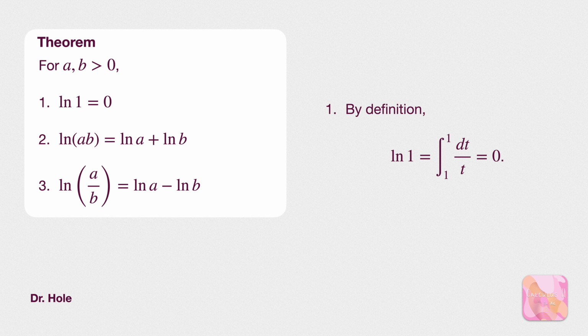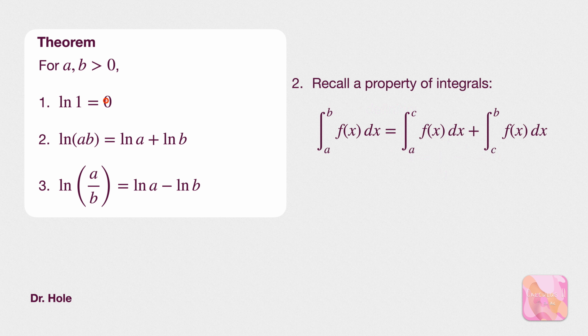Well, we go to the definition of the natural log. It was a definite integral from 1 up to the input, but here the input is 1. So having a lower bound and upper bound of 1 leaves you no area to carve out. So that's the first one done.